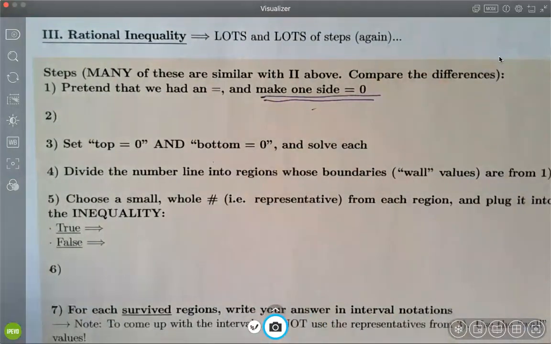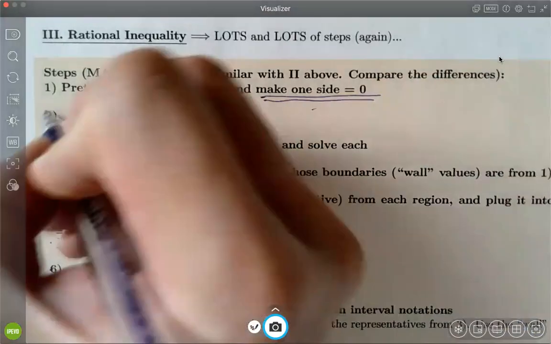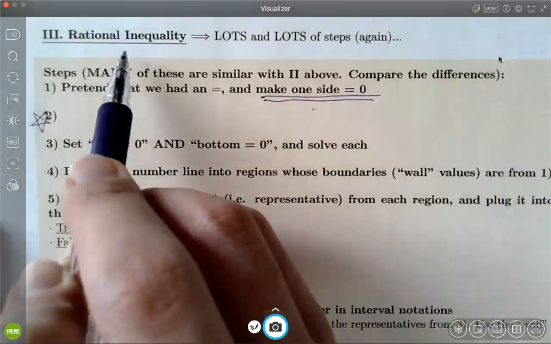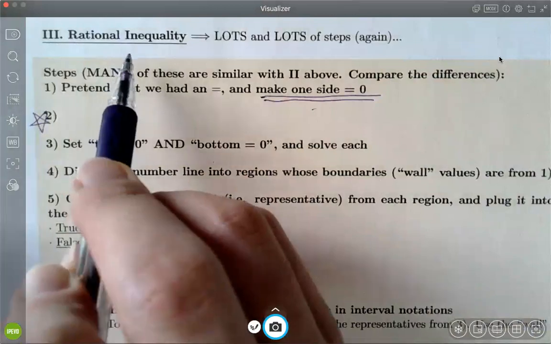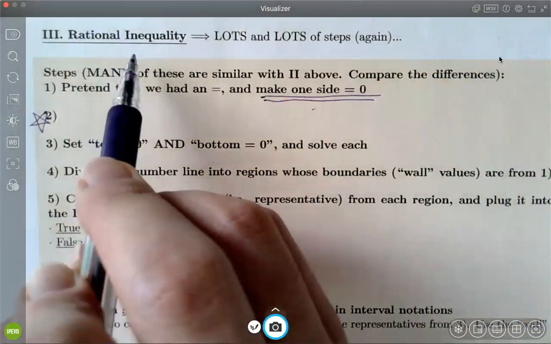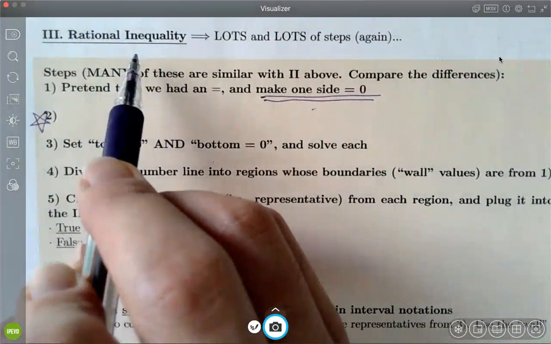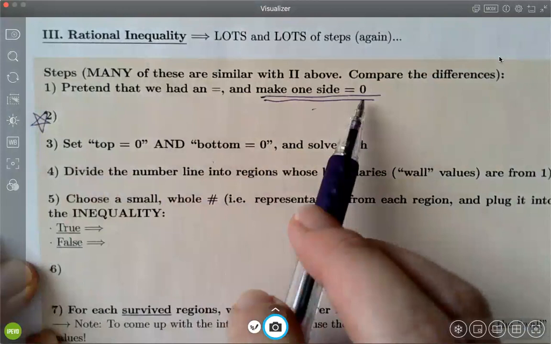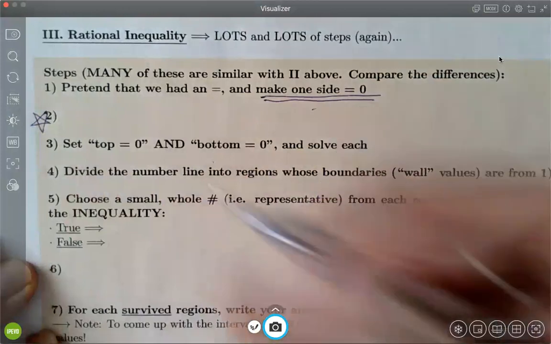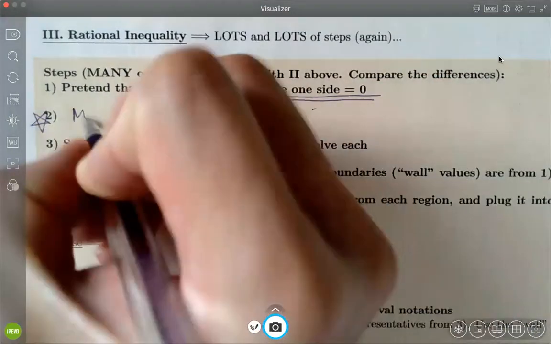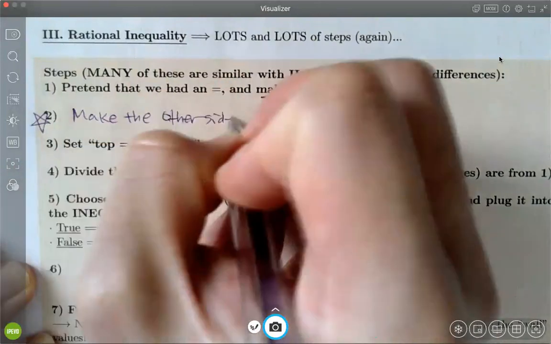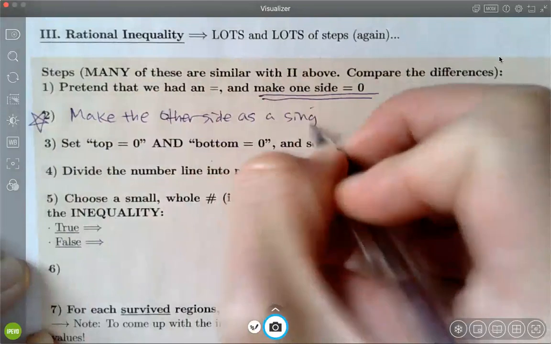Okay, now step number 2. So now remember the word rational means fractions, right? Where we could see x in the denominator of the fractions. Okay, so what do we do? Once you make one side equal to 0, for the other side, make the other side as a single fraction.